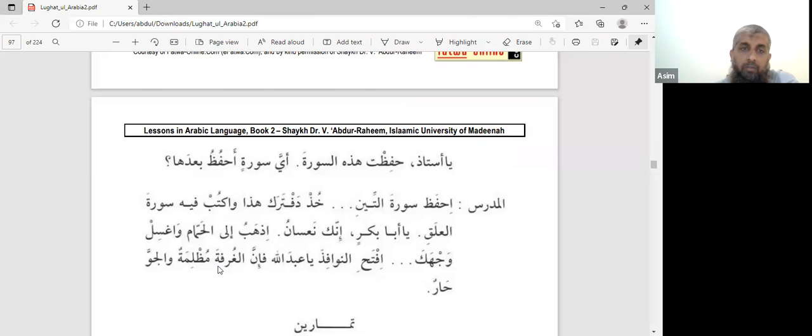Fa-inna al-ghurfata, because verily the room muzlimatun. Sorry, muzlimatun. It is dark, right? So you have the word for shadow, all right, forget the word for shadow, but the word muzlima means dark, right?